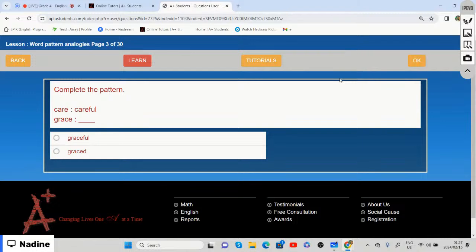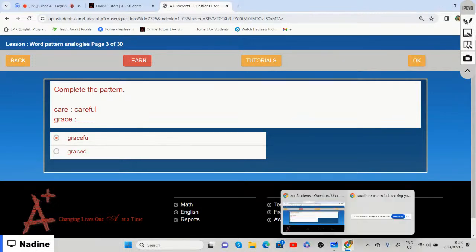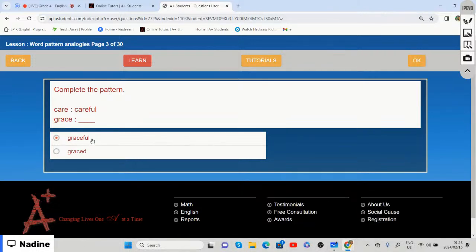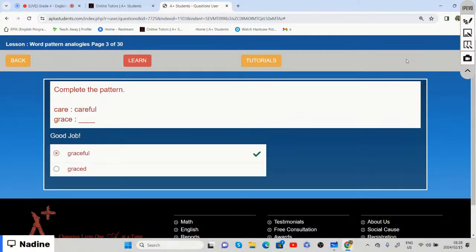If we look at the word careful, then our answer pattern will also be graceful and not graced. Careful means making sure or avoiding something, and graceful is having or showing grace. So well done, graceful.